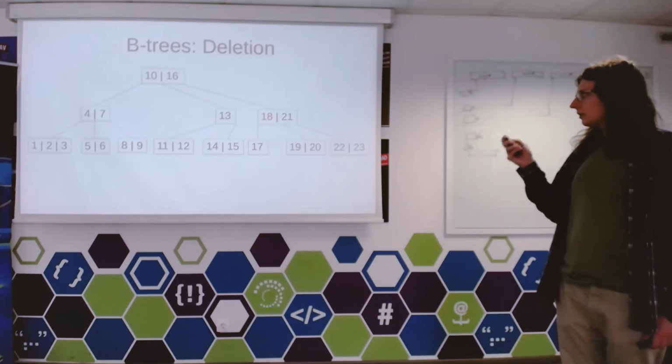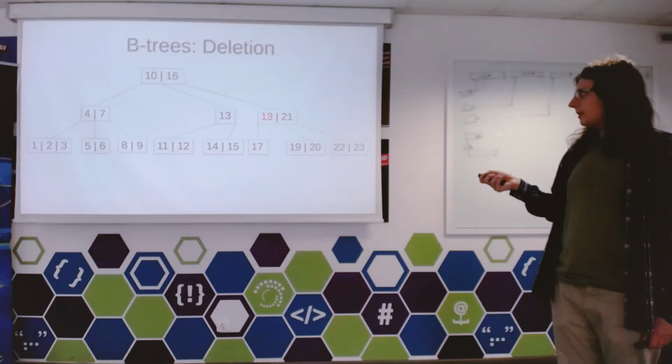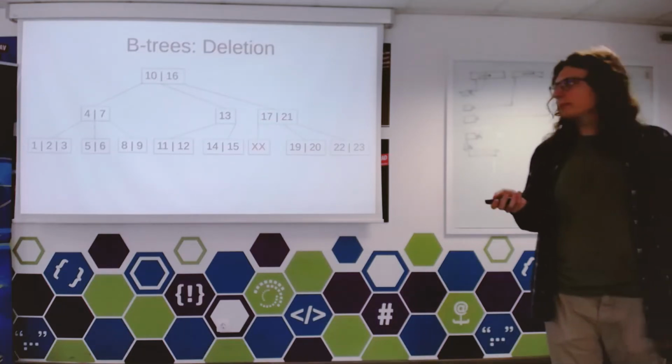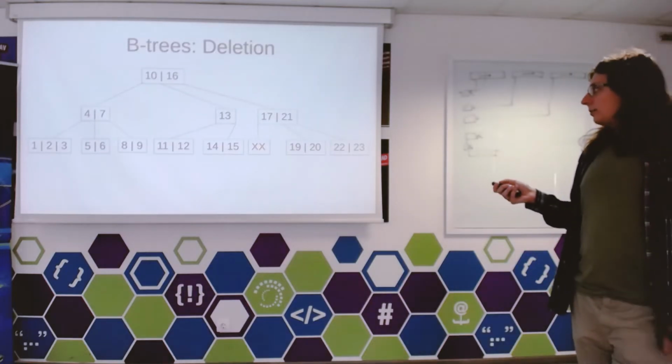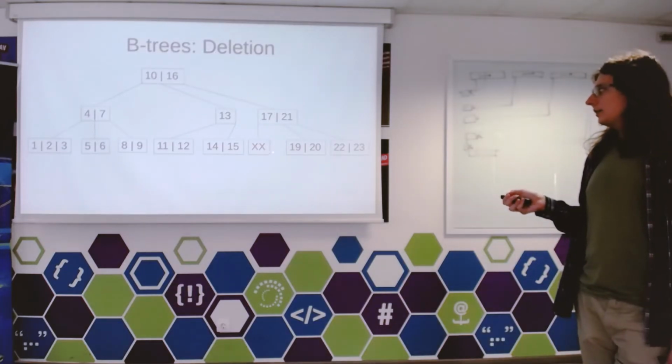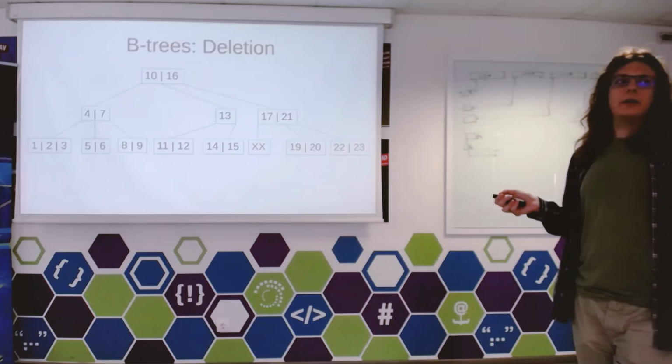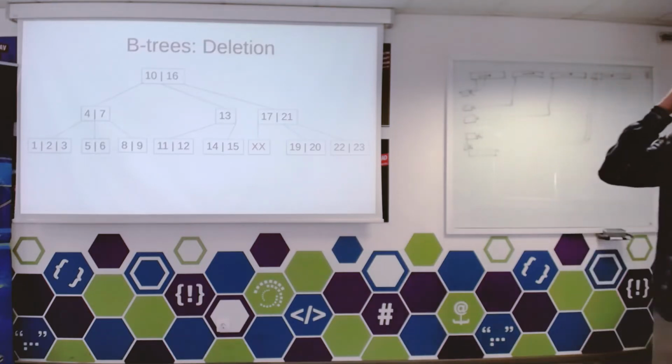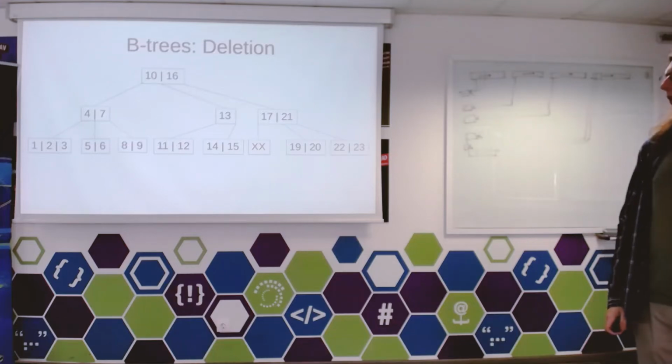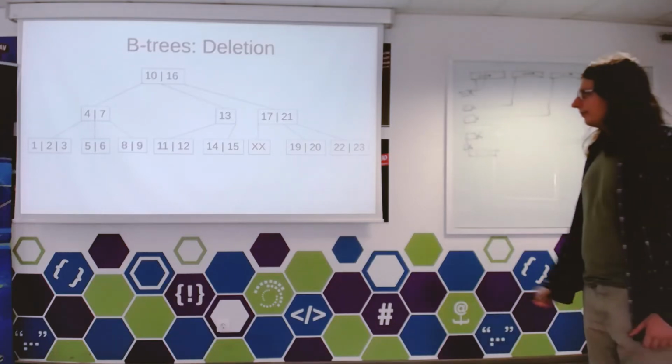Either of them works. So we replace 18 with 17, and actually delete 17. Now we have a problem because we have an empty node, or, well, a node that's smaller than the minimum size, which is in our case 1. And we have to figure out a way to fix this.